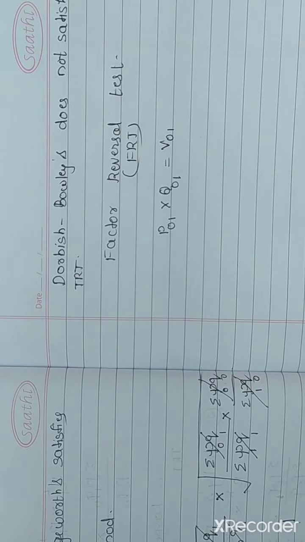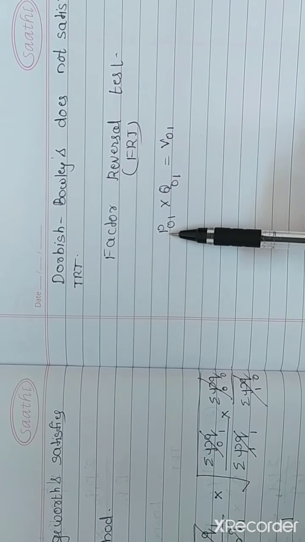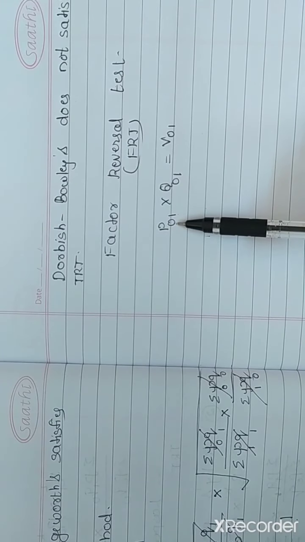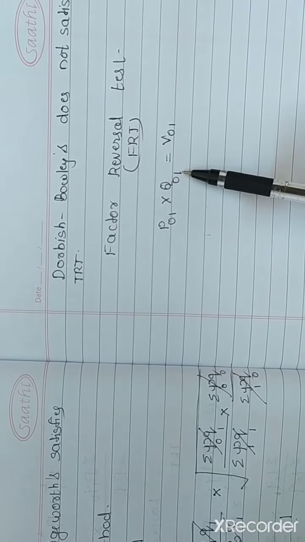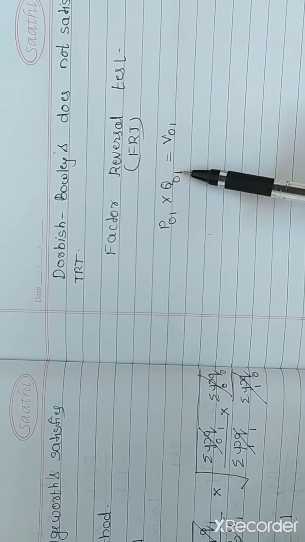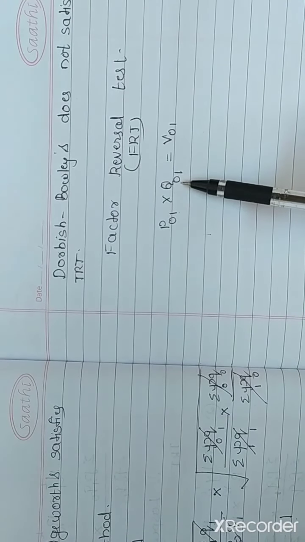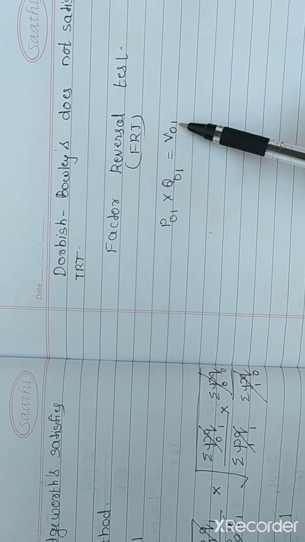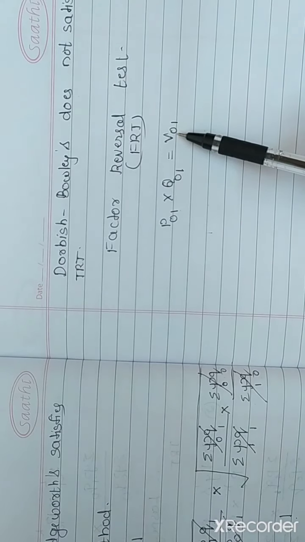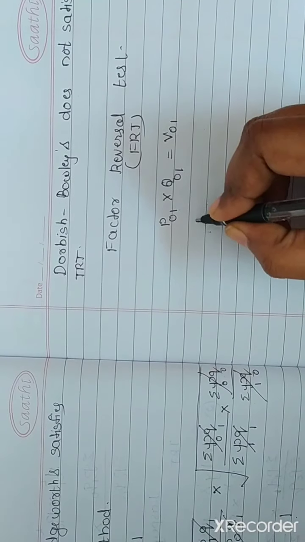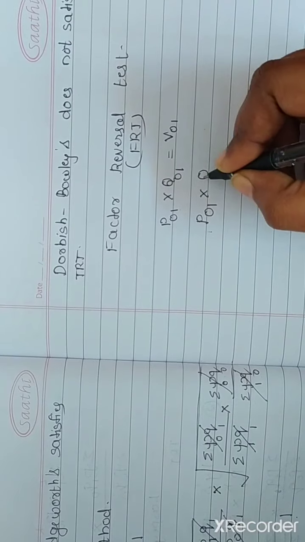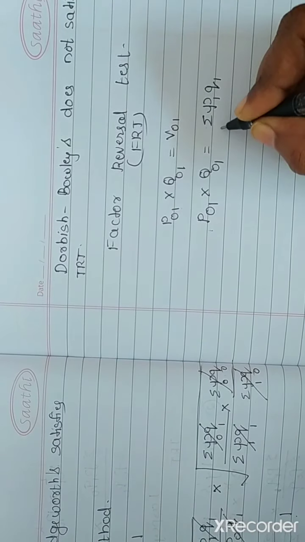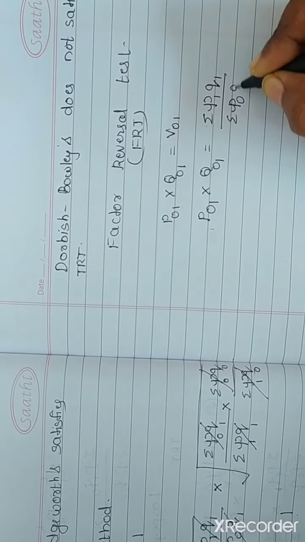You already know these notations. P01 means price index of current year 1 with respect to base year 0, and Q01 means quantity index of current year 1 with respect to base year 0, which is equal to value index of current year 1 with respect to base year 0. So we can also write this as P01 into Q01 is equal to summation P1 Q1 upon summation P0 Q0.